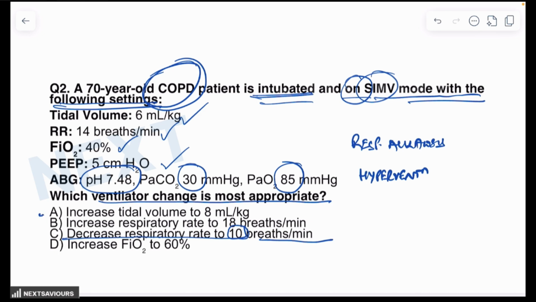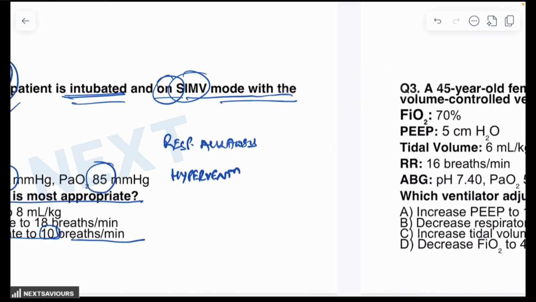Option A, increasing the tidal volume would further increase the ventilation and worsen the alkalosis. Increasing the respiratory rate would worsen the carbon dioxide washout, and increasing the FiO2 in option D is unnecessary as partial pressure of oxygen is already adequate.